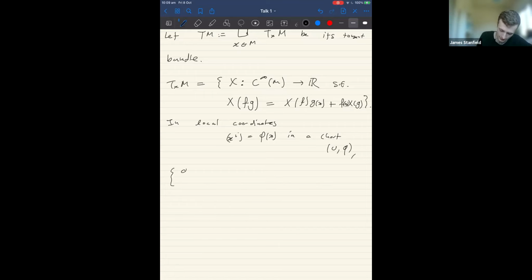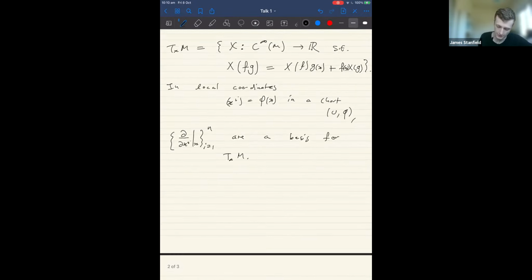These operators are a basis for this vector space T_xM. So what are these things? Well, they act on a function just by differentiating in the ith component of the function represented in coordinates.